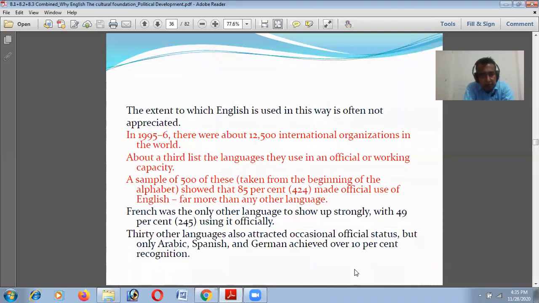A sample of 500 of these showed that 85% made official use of English. So out of these 12,500 international organizations, one third use an official language, and in 85% of cases they use English as their official language. Other languages were Arabic, Spanish, German, and so on.